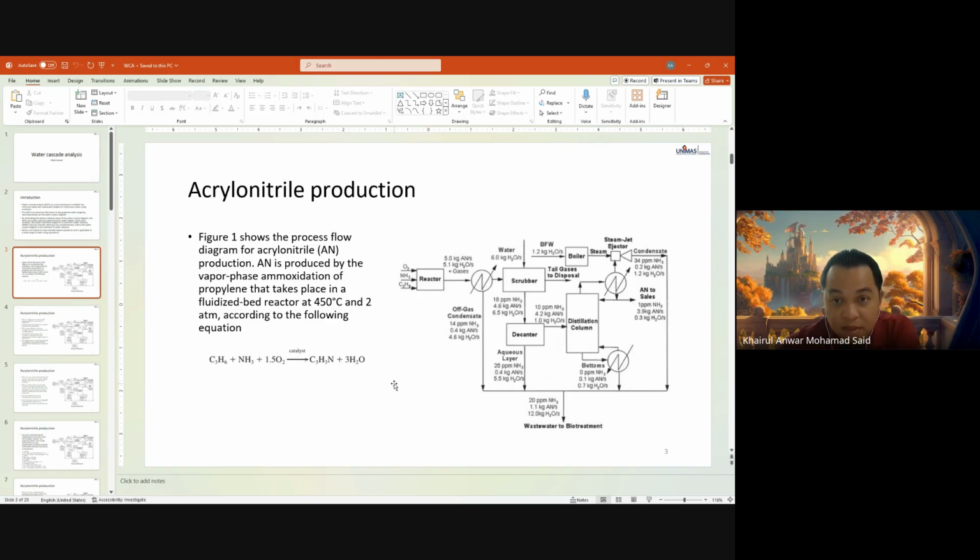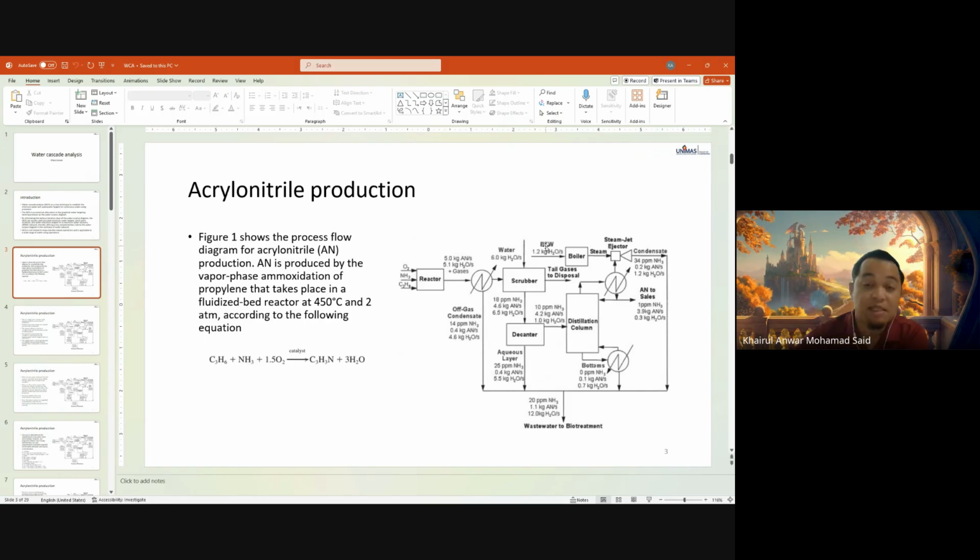So for this process, ammonia is the main contaminant. You notice we have a scrubber here. The scrubber I refer to as a water demand. The boiler feed water is also a demand.